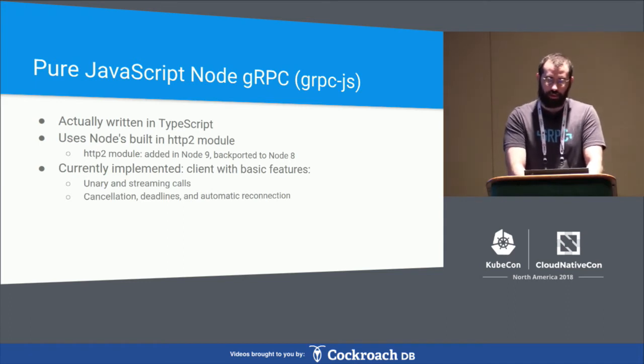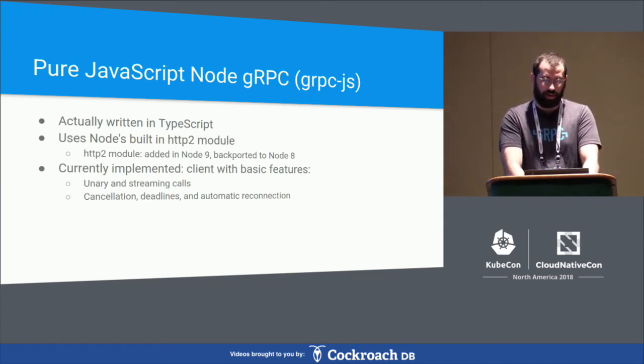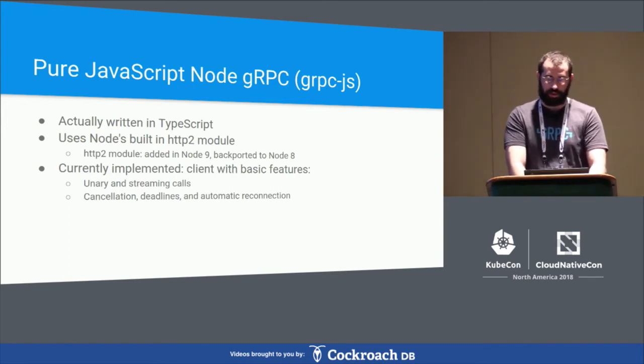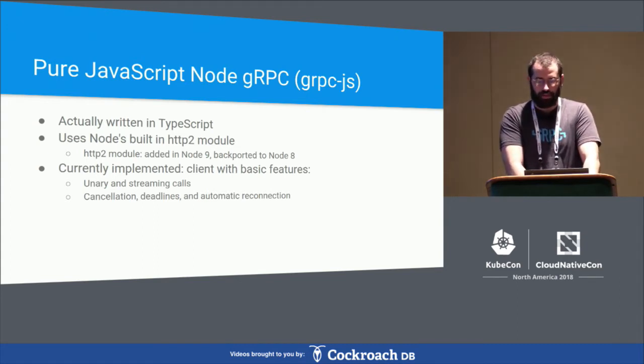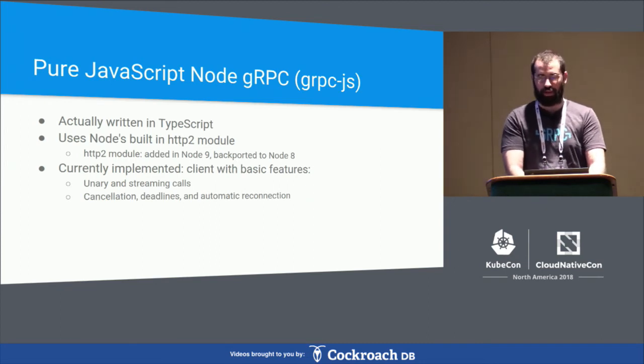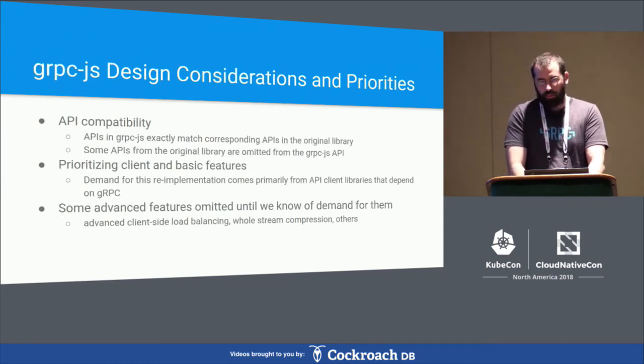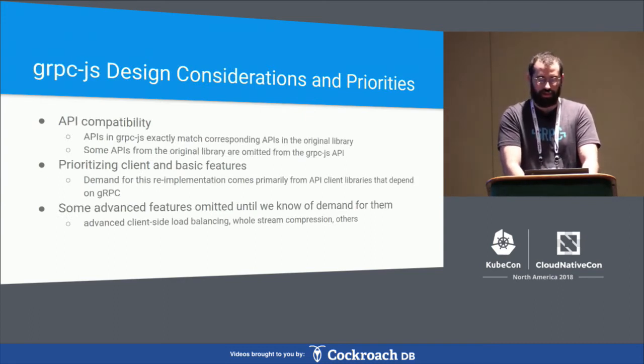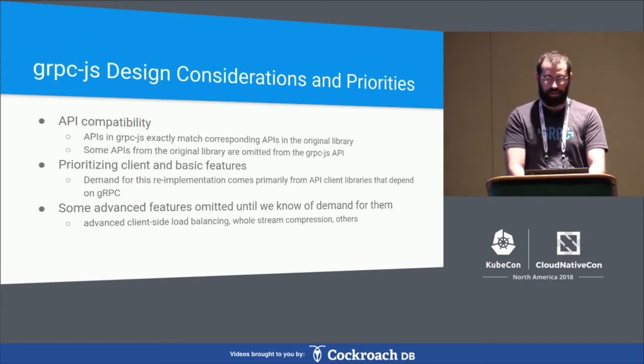So this is an ongoing project. We currently have a client with the basic functionality to make basic requests. And as I mentioned, cancellation and deadlines and automatic reconnection are all supported. And so when we were designing this new implementation of the library, our primary design consideration was API compatibility.